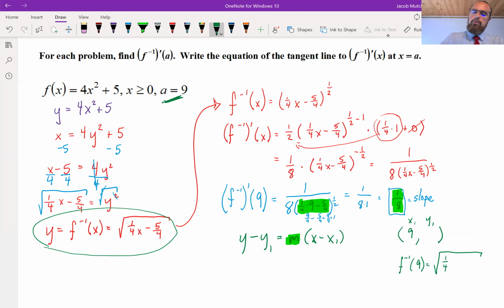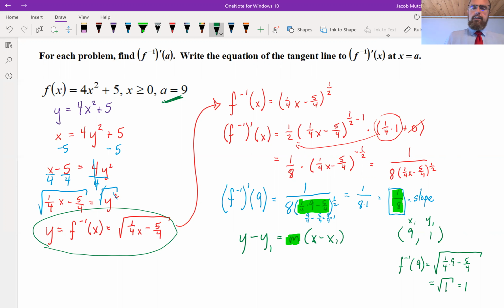So it's 1/4 times 9 minus 5/4, and we've really done this calculation already. 1/4 times 9 is 9/4. 9/4 minus 5/4 is 4/4, which is the square root of 1, which will just be 1. So we end up having this point 9, 1.